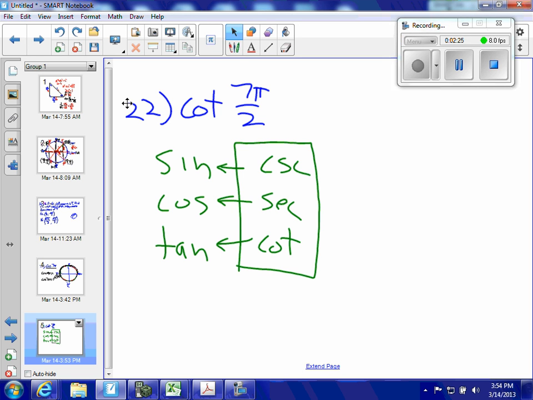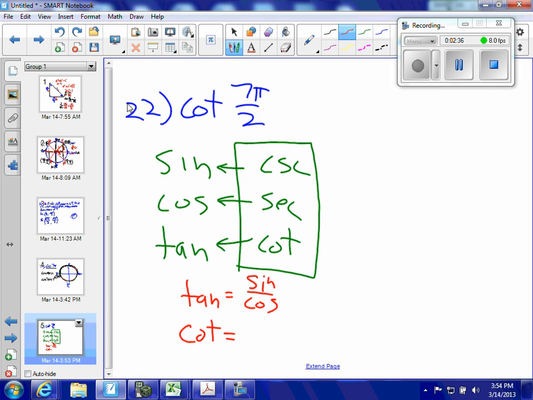So if tangent is equal to sine over cosine, cotangent is equal to 1 over sine over cosine, which is the same as cosine over sine. So I got that straightened out.